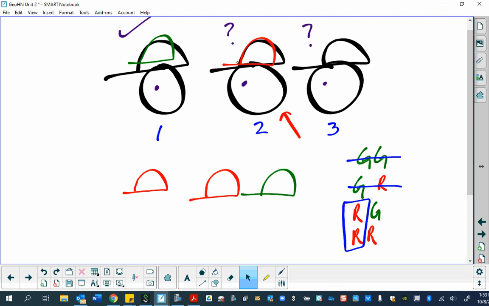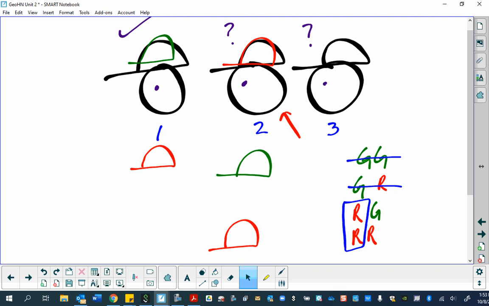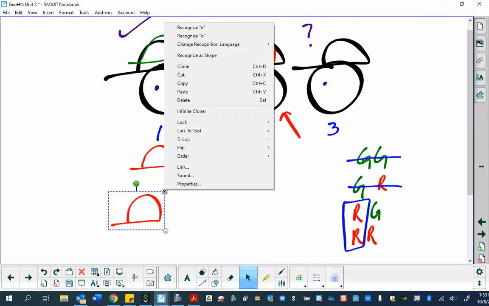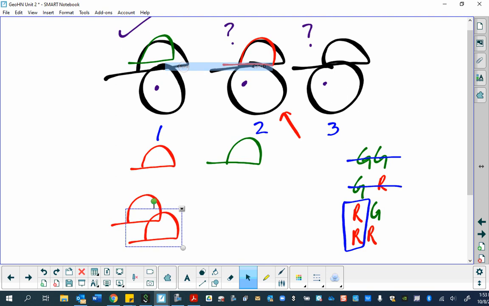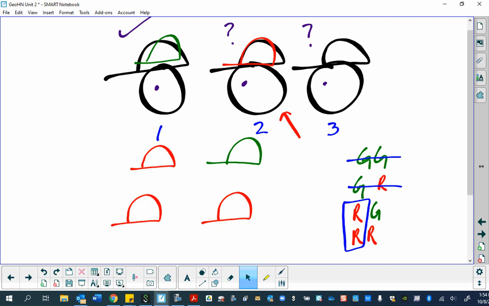So it's either green, red, red, green, or red, red. So those are our possibilities. If this guy looked ahead and said, oh, I see he has green, that means I must have red, the story would be over. But he doesn't know what he has, so this possibility is out.